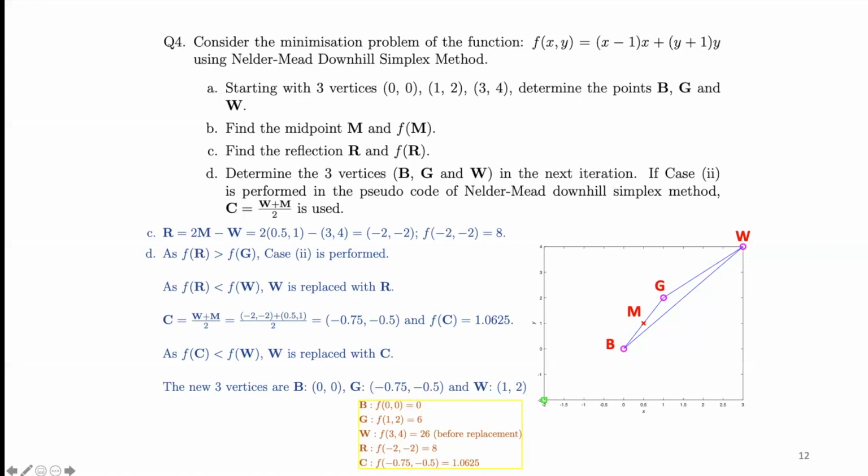The C point originally was W, but before we start this procedure, we have to relabel, and then the C point will become the good point.